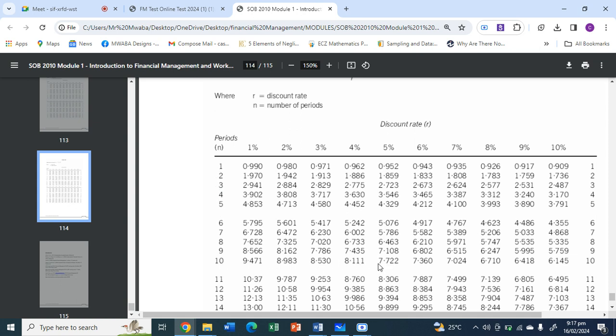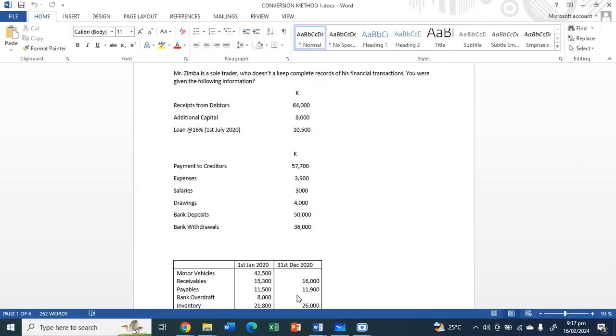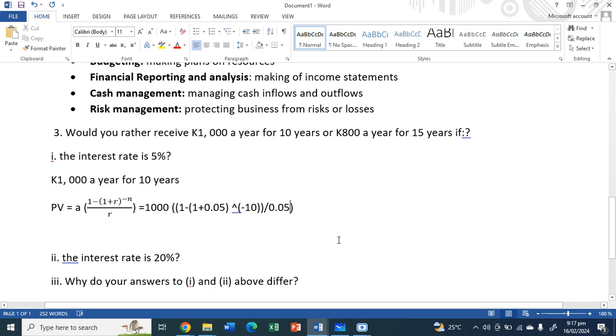So they intersect here at 7.722, right? 5%, 10 years, 7.722. So this whole tabulation here is basically 7.722.